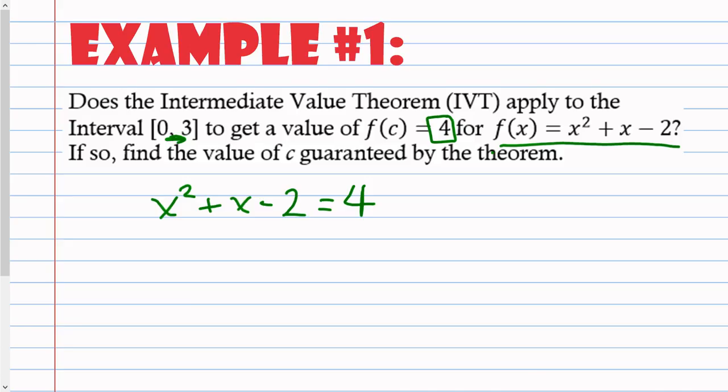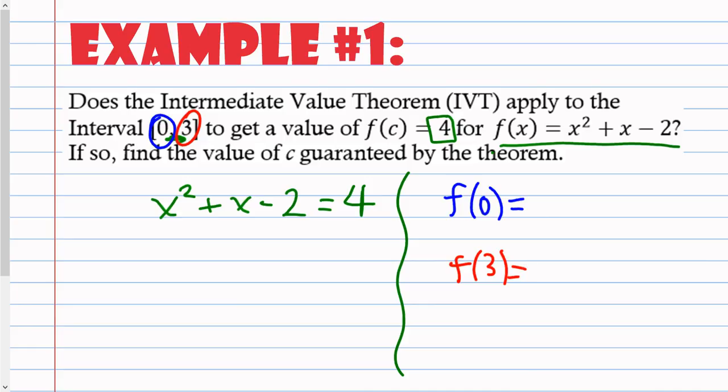But to check, the way to do it is to take your function, and you plug in the first endpoint of the interval, and then you plug in the second, and then you see what you get.